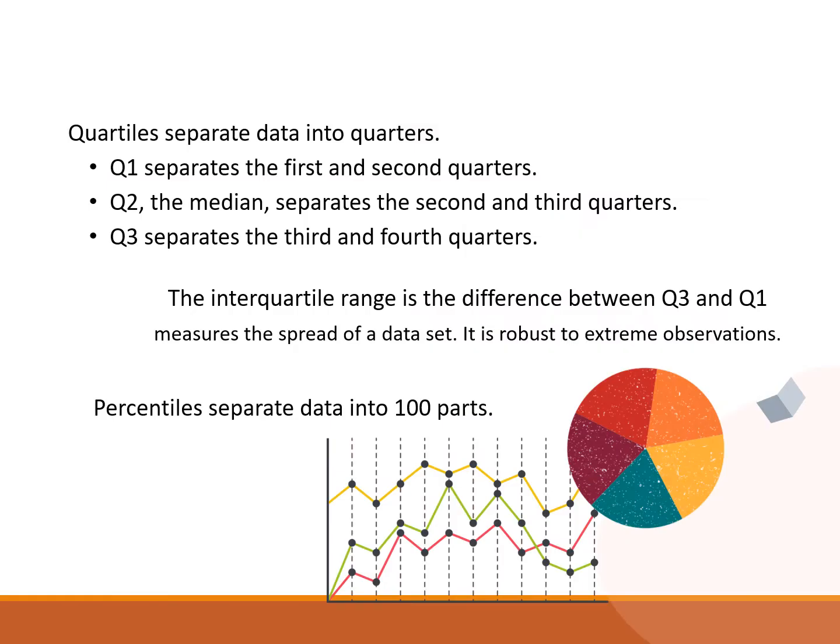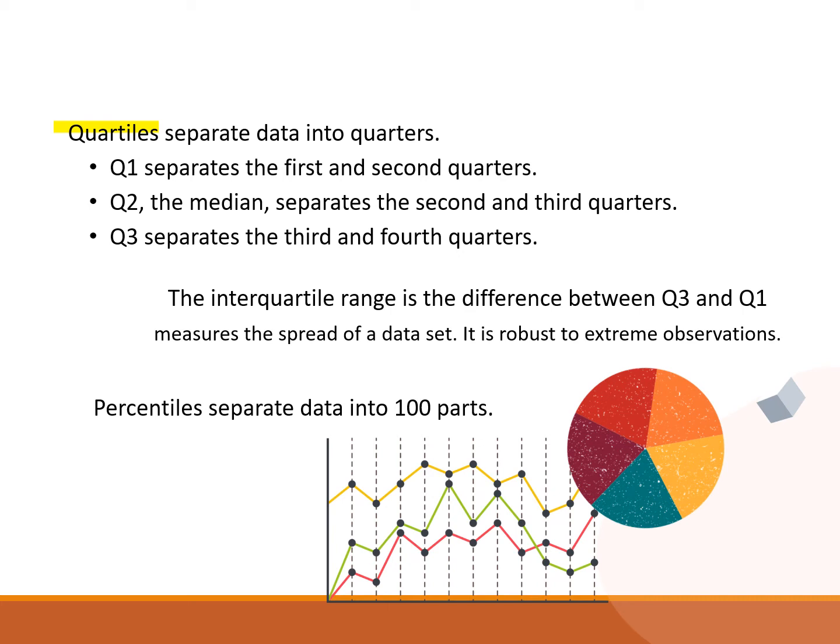Always remember, guys, that whenever you talk about percentile, this refers to the total 100 parts. But when you talk about quartiles, this is now the subcomponent or subparts of your percentile.